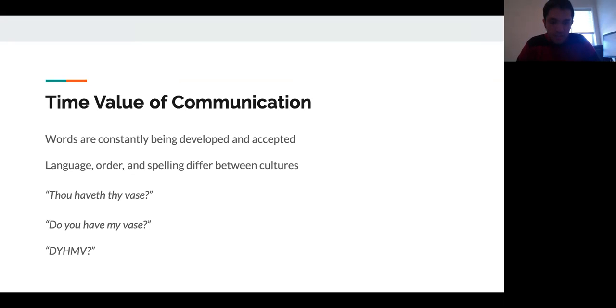And so you can see these 3 sentences here. What do these 3 sentences have in common? They all ask a specific person or a receiver if they have their vase. But now think, what are the connotations that you associate with each sentence? Well, it's obvious.